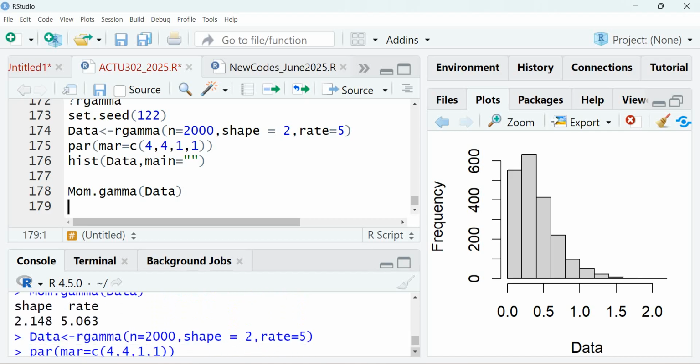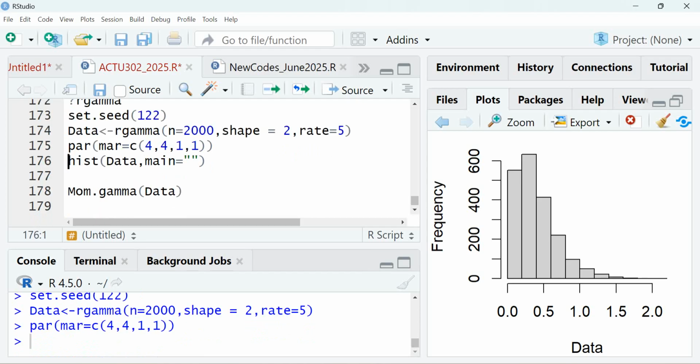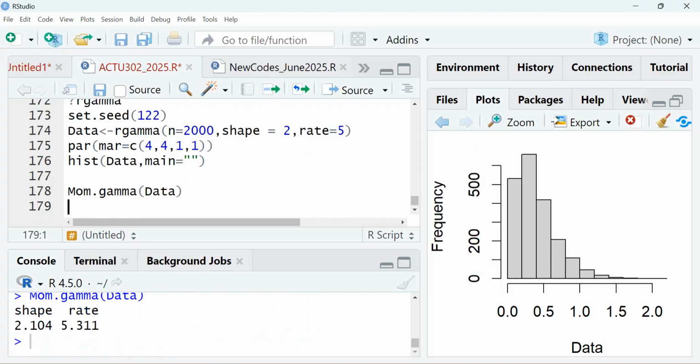Who got this? Did you run the set seed? The first one. Okay. Let's do the 2,000 together. Start by running the set.seed and then that, plot it to see if the shape looks like that, the histogram, and then we should be getting 2.104 and 5.311.